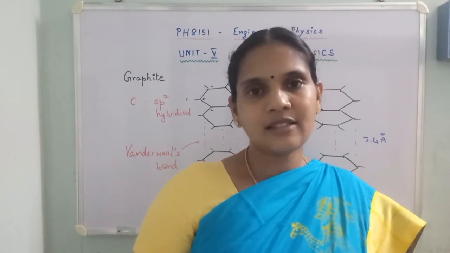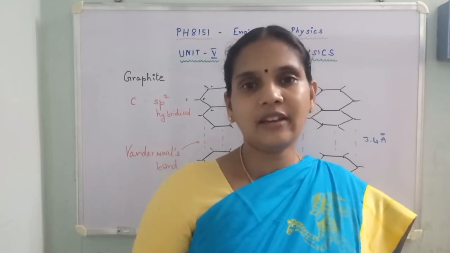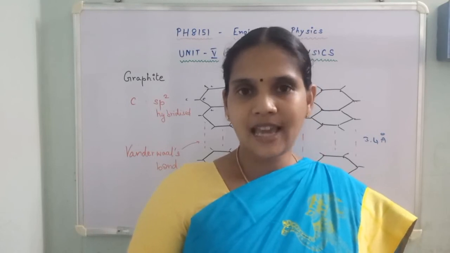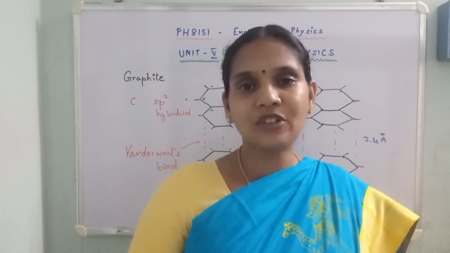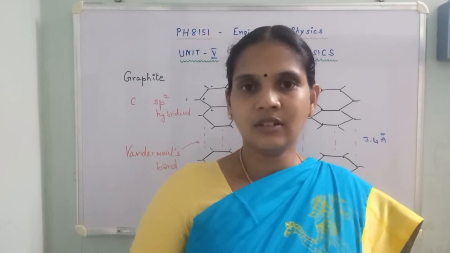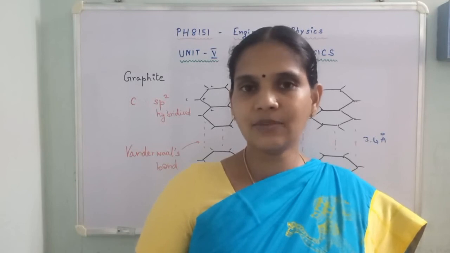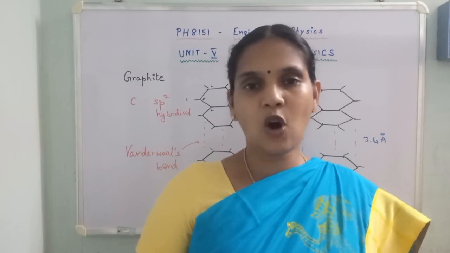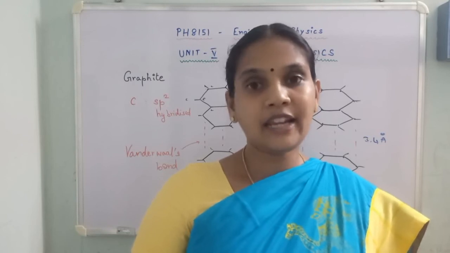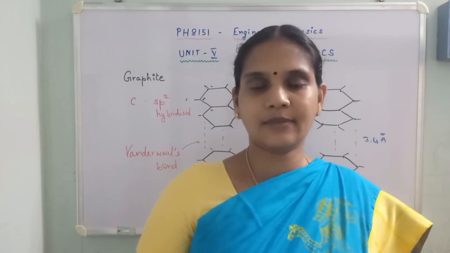This difference arises because of the variation in the interatomic bonding. In diamond, carbon is sp3 hybridized. It forms a tetrahedral structure. Covalent bonding with 4 other carbon atoms results in a stable octet pattern that endows it with maximum hardness.